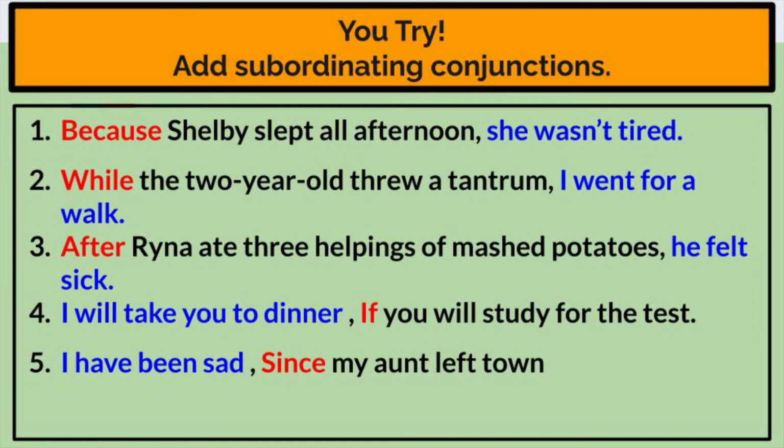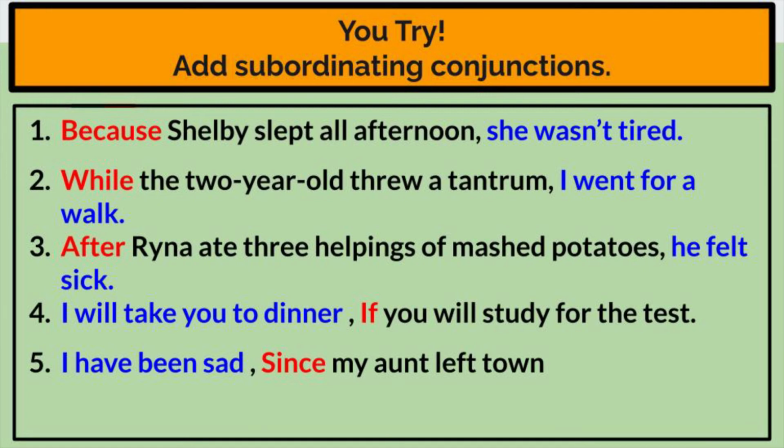So here's what I did with my sentences. Remember, your examples might look different. Here's what I did. Because Shelby slept all afternoon, she wasn't tired. While the 2-year-old threw a tantrum, I went for a walk. After Ryan added 3 helpings of mashed potatoes, he felt sick.